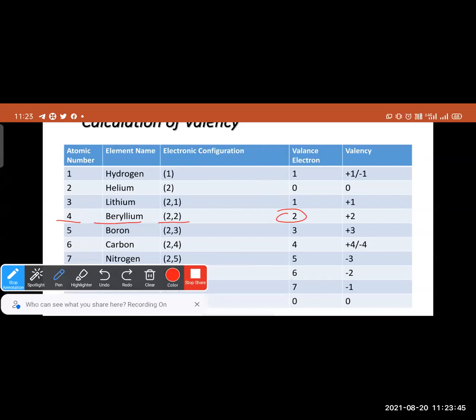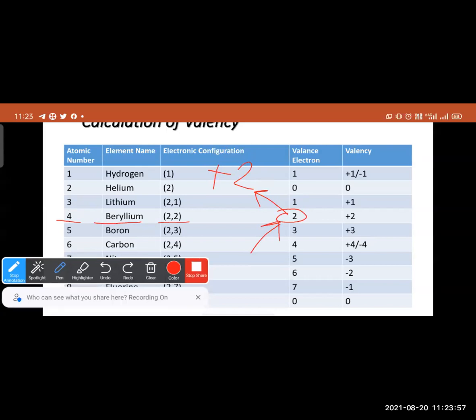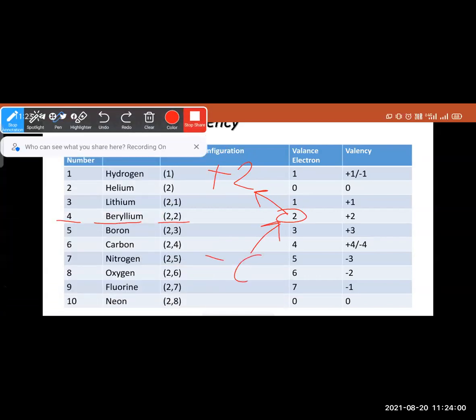To achieve the nearest noble gas configuration, it can donate these 2 electrons, or it can accept 6 electrons to get 8 electrons. But in case of beryllium, it will be totally difficult to get 6 electrons, but easy to donate these 2 electrons. So the valency will be +2.